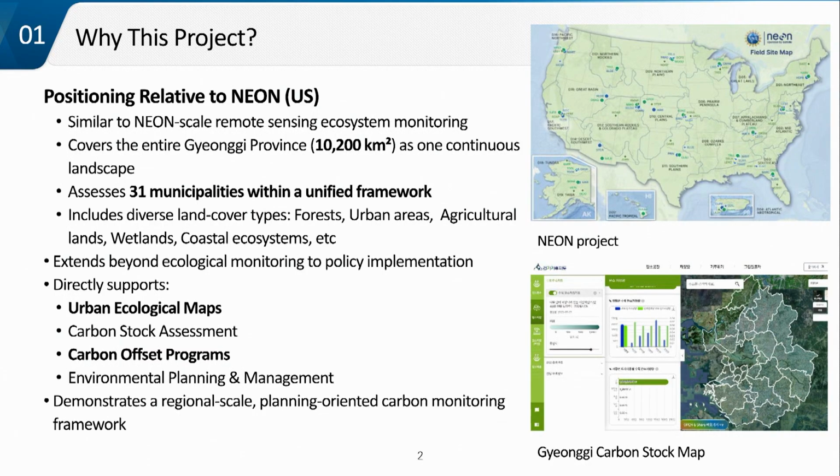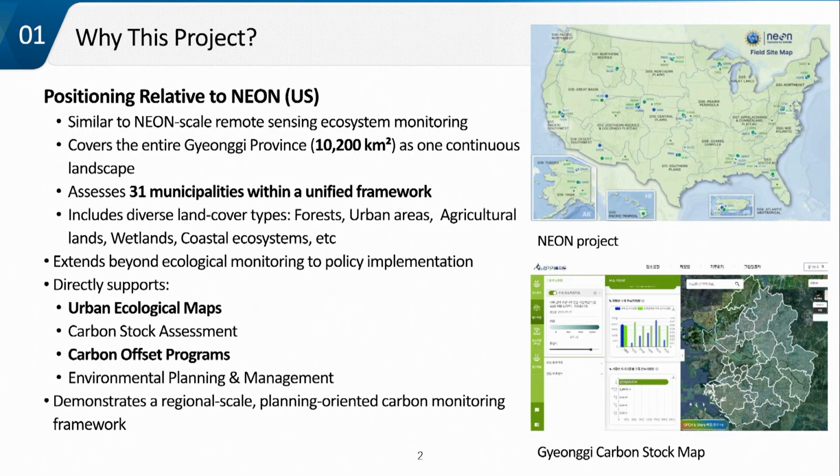I think all of you already know about the NEON project. I have not. So based on my information, the NEON project in the US covers more than 20 typical ecosystem sites and conducts LiDAR and remote sensing data analysis for more than 100 square kilometers per site.